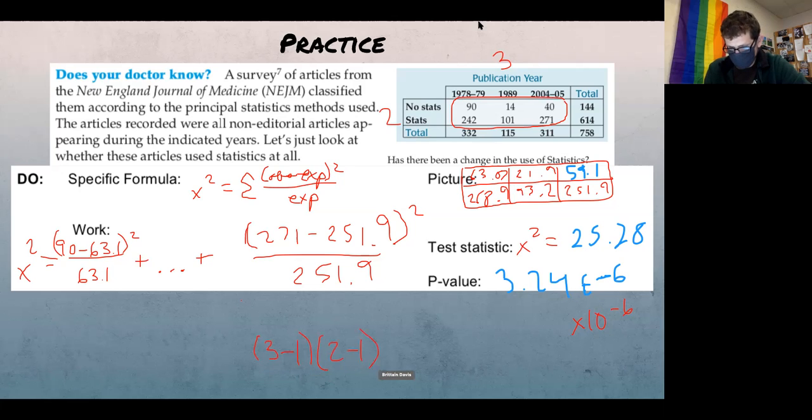Number of rows minus 1 times number of columns minus 1, which gives us our answer of 2 degrees of freedom. So if you needed to do that for a test and ask for the degrees of freedom, you need to know how to find that on its own, but it's not a complicated thing to find.